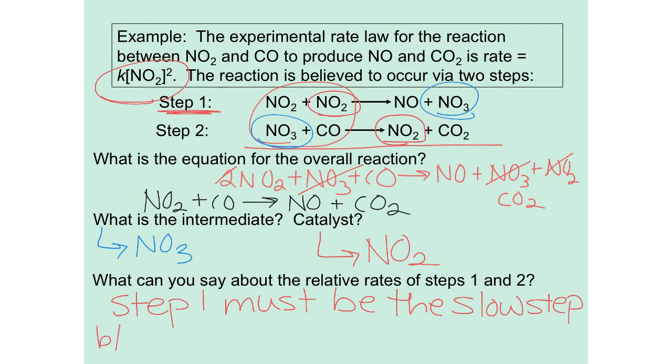So if we had to explain it further, then we would say because the rate law matches step 1, step one must be slower than step two. Step one must be the rate determining step.